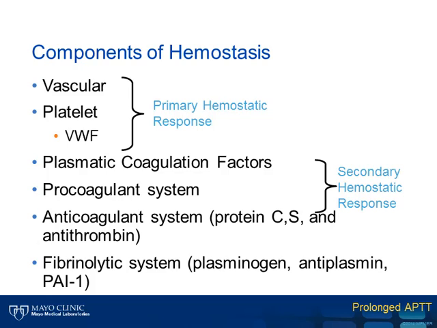Platelets also get activated and attract other platelets, resulting in platelet aggregation and formation of a stable hemostatic plug. There is simultaneous activation of the secondary hemostatic response, which consists of activation of the procoagulant factors. This results in generation of a fibrin clot.